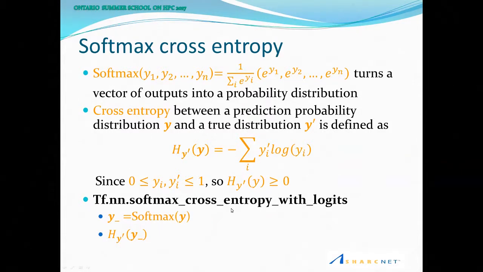Okay. So softmax cross entropy is if we concatenate those two operations, where the first one is softmax, and then we do the cross entropy, which is we put them together. We call them softmax cross entropy.